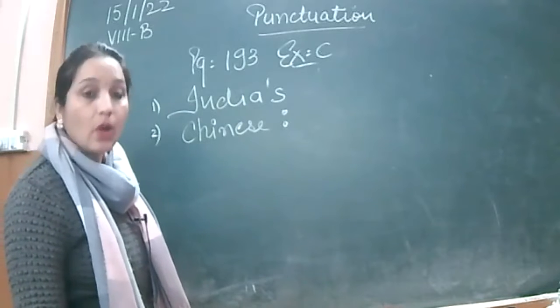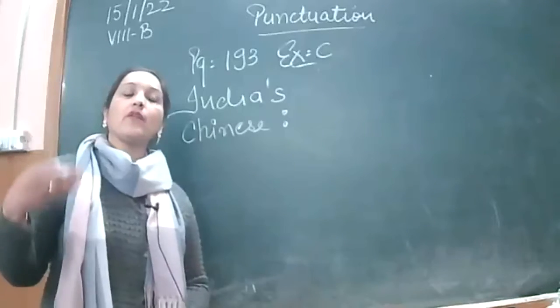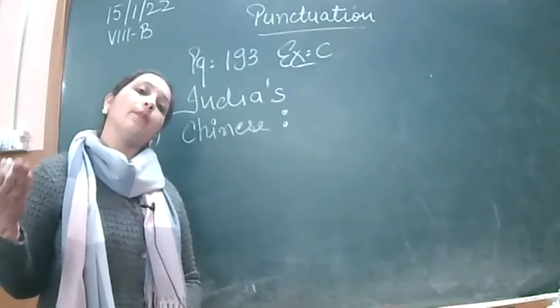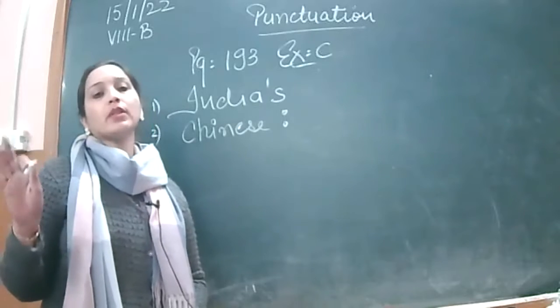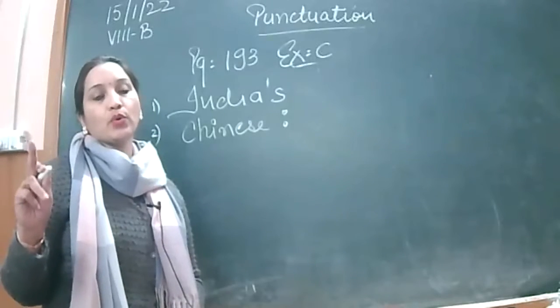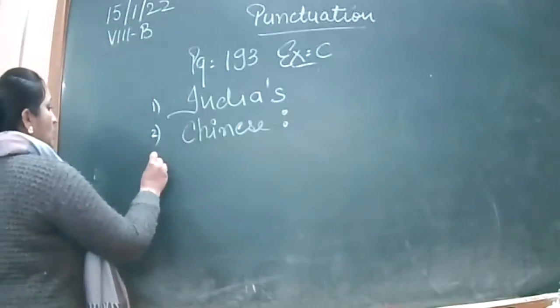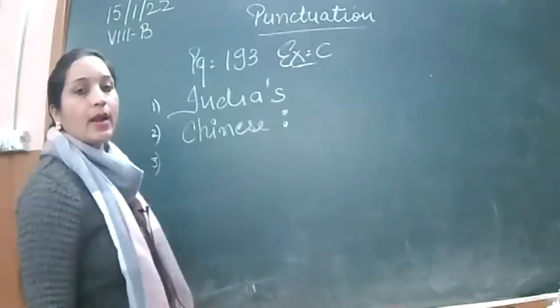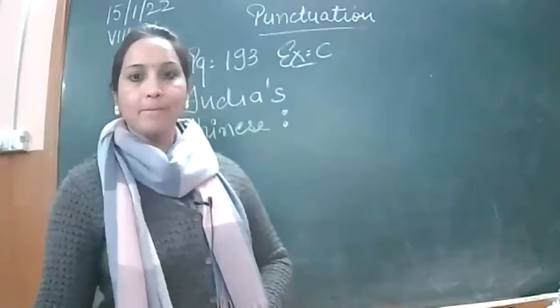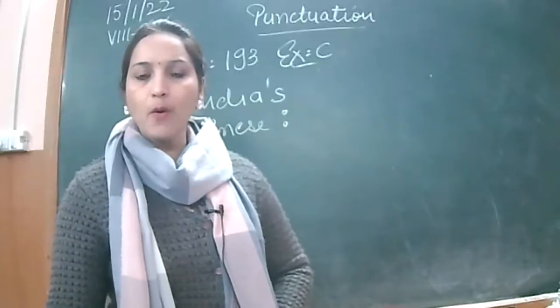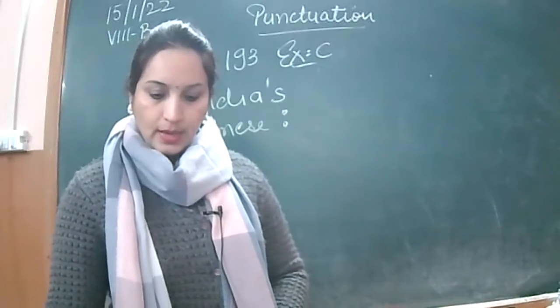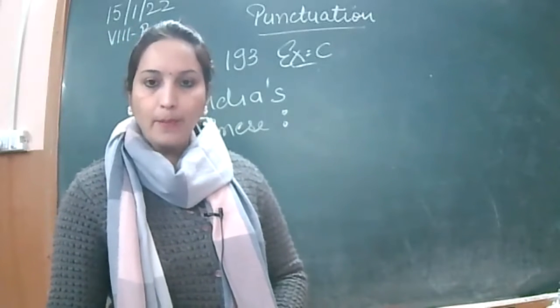There is a pause. When we speak any sentence, think where a pause is coming. Wherever the pause comes, you are going to use punctuation marks there. So think over this and write down your answer in the chat box. Hurry up.